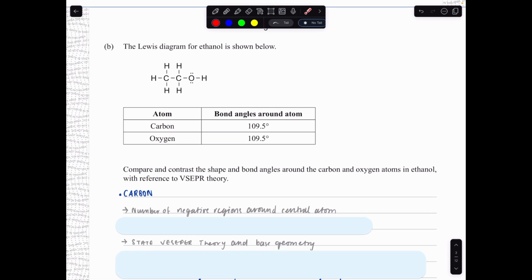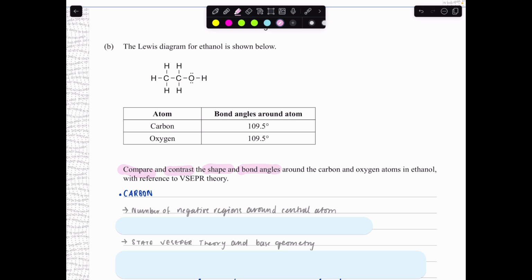B. The Lewis diagram for ethanol is shown below. Compare, let me highlight so we don't forget, compare and contrast the shape, bond angles around the carbon and oxygen atoms in ethanol.